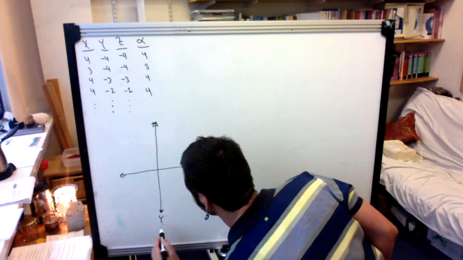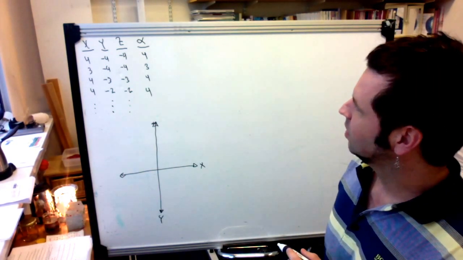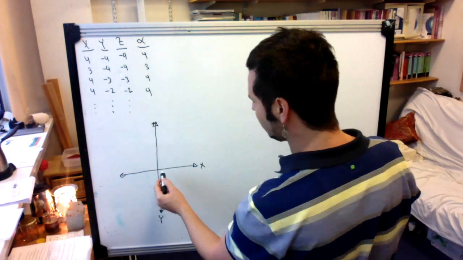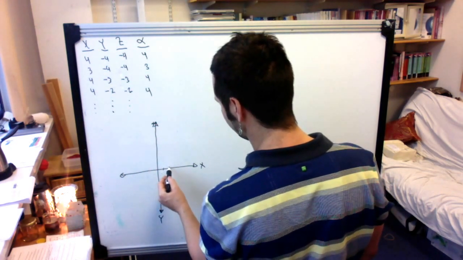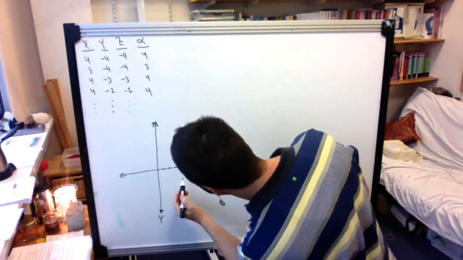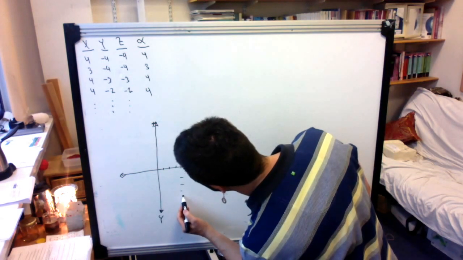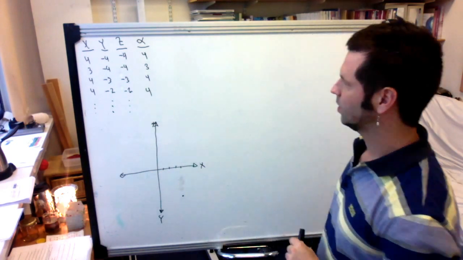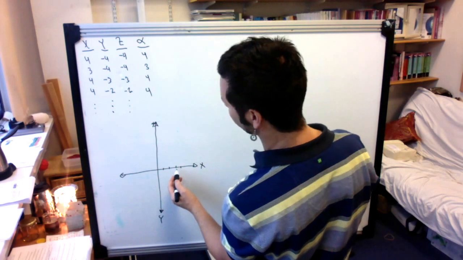So that's y. And if we want to visualize the x and y data, that's 0. We start with the 4. We move over 4 units: 1, 2, 3, 4. Then we move down 4 units: 1, 2, 3, 4. And we have our first point in Cartesian coordinates. The other points are similar. So 3, move over 3 units.